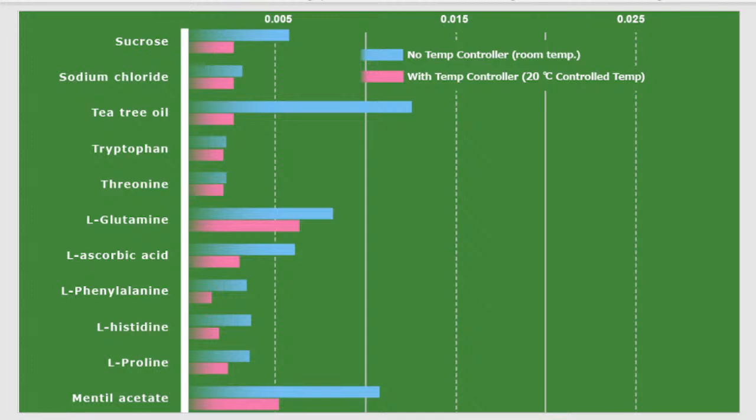So as you can see from here, it does help, but it depends on what the substance is. Temperature affects some substances more than others. That's why it's very important to control the temperature of the liquid. Having a temperature-controlled room is not enough to give you a very accurate reading.